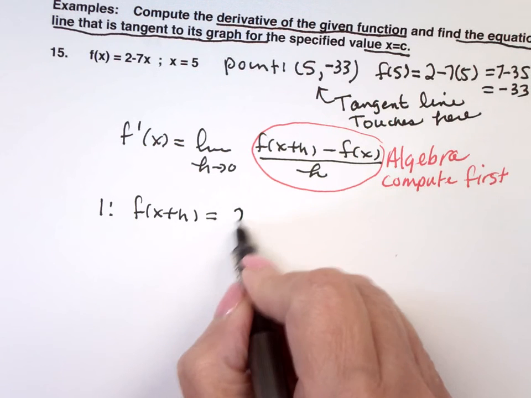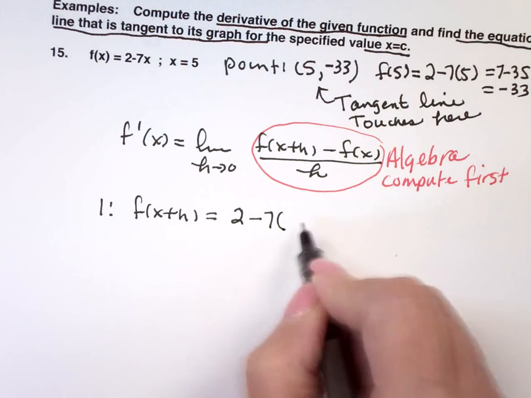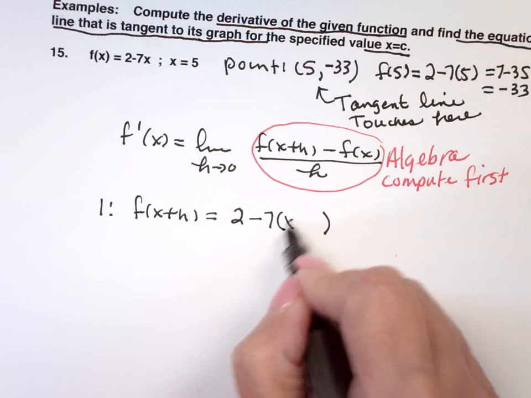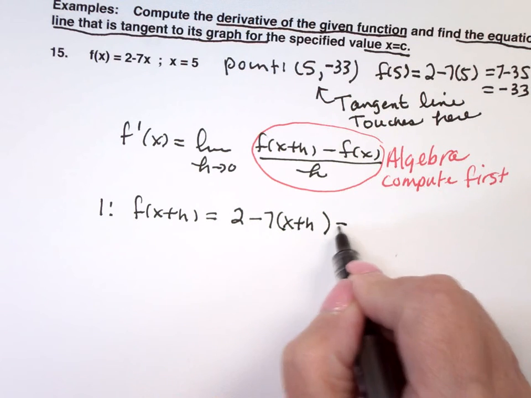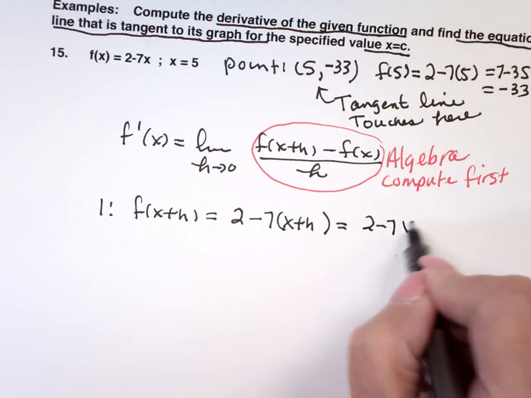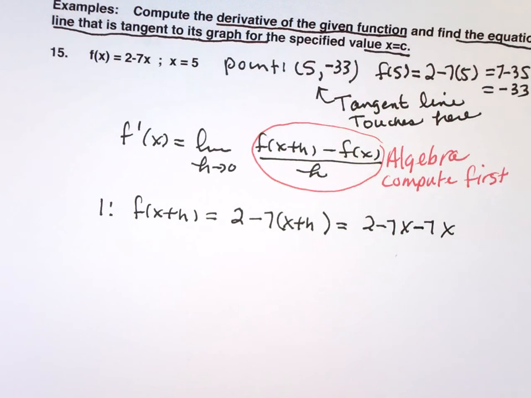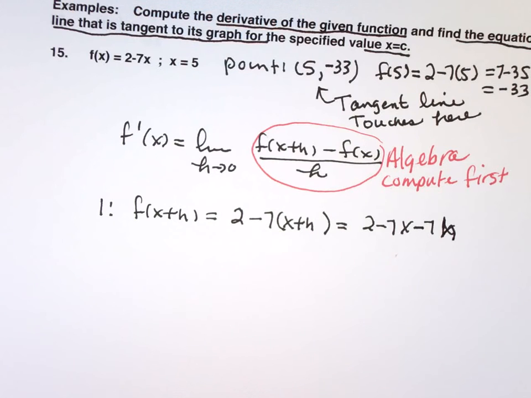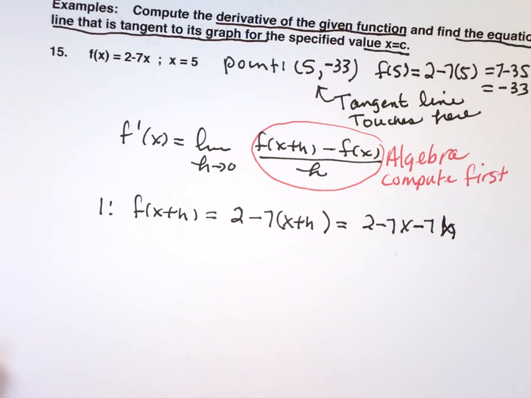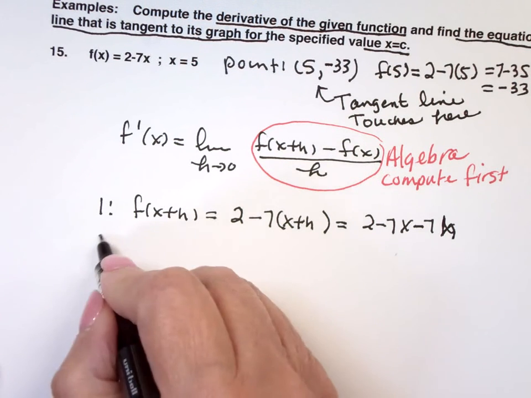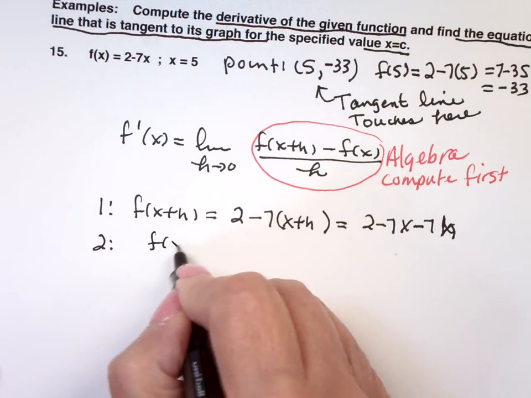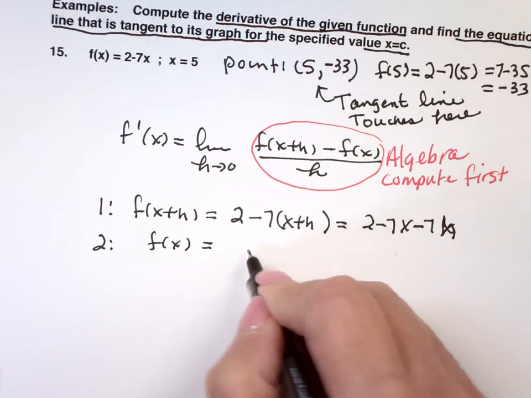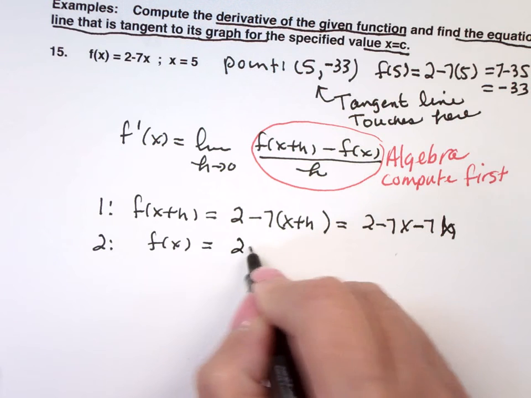Well, it's 2 minus 7 times x plus h, which is 2 minus 7x minus 7h. And I can't do anything with that. Second is just the original function, which is 2 minus 7x.